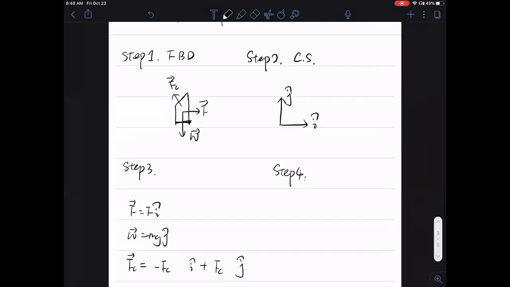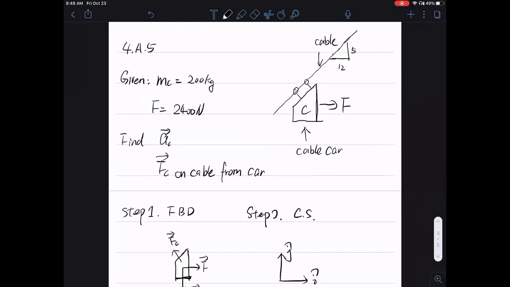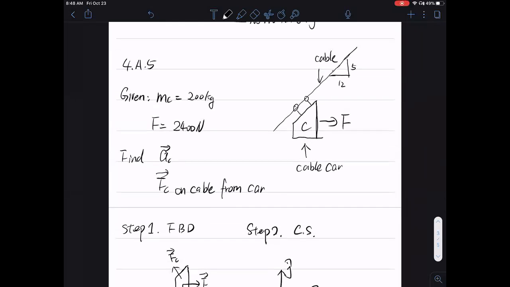Okay, in this problem, the angle theta is not given directly. Instead, it gives you the numbers 12 and 15. That's just a different way to tell you the angle theta. With a triangle like this, you can find the other side. The hypotenuse is going to be 13.